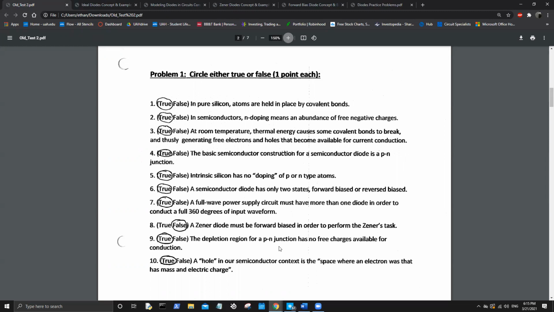If you have free carriers on one side that are positive, and free carriers on the other side that are negative... Damn, I don't remember how I explained this that well. Oh, it's because of the biasing. That's how I talked about it. If you put a positive on this side and a negative on this side, the diode won't operate because it'll pull. Yeah, sorry. Okay.